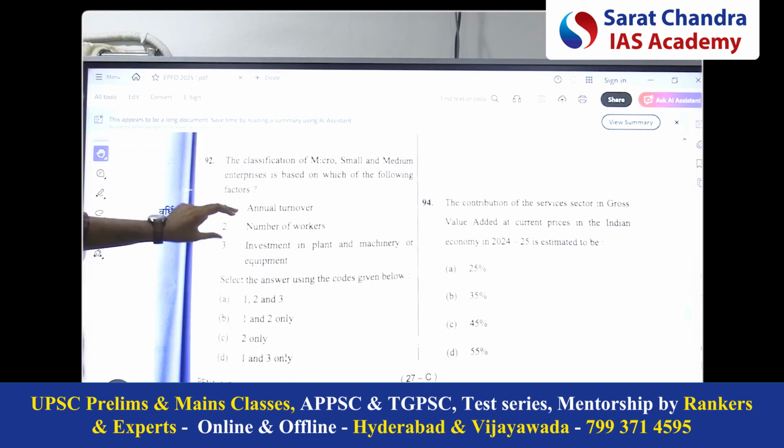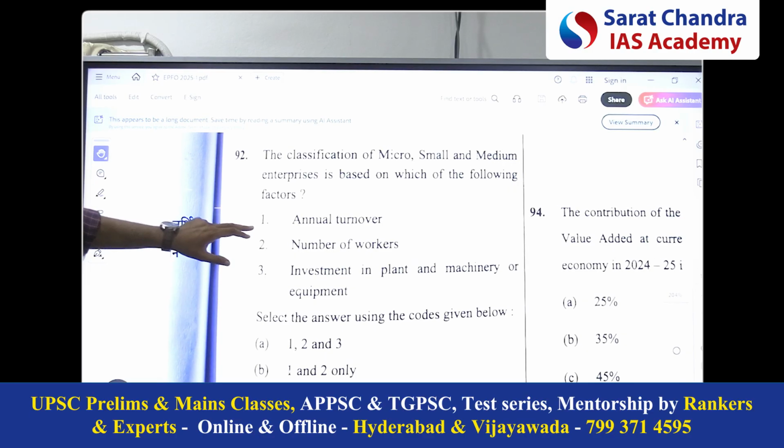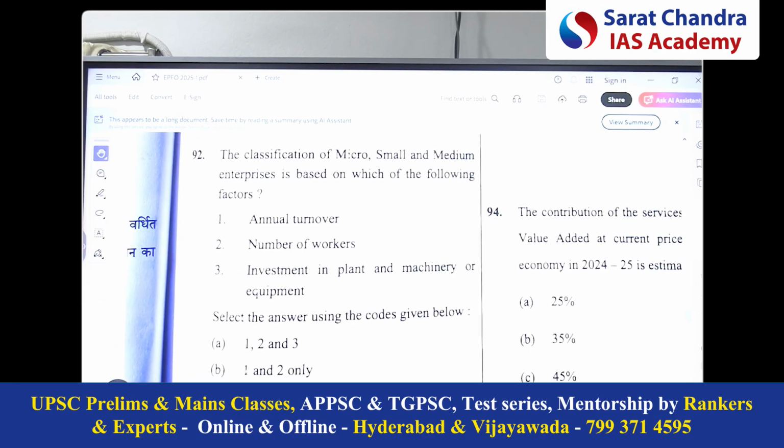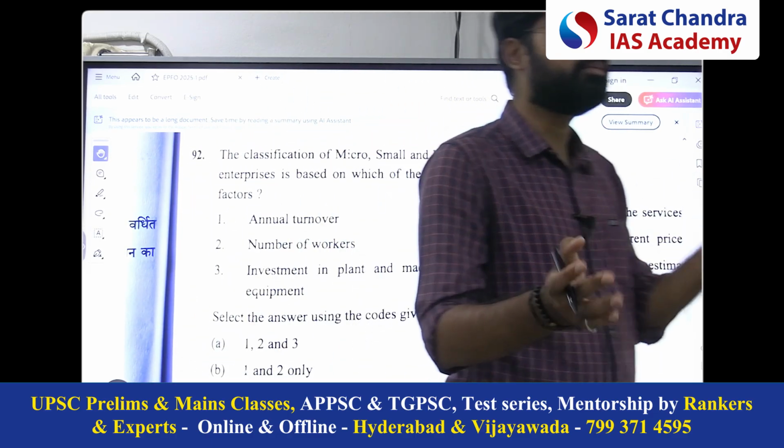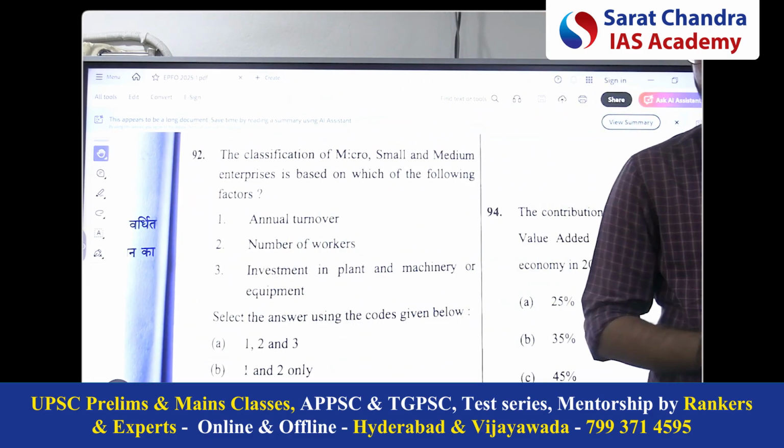Now, the classification of micro, medium enterprises is based on which of the following factors? In the 2021 budget, there has been a change of definition of the micro, small and medium enterprises. Previously there was only one value which was used, and now they have changed. There is a common definition for the manufacturing and service sector.